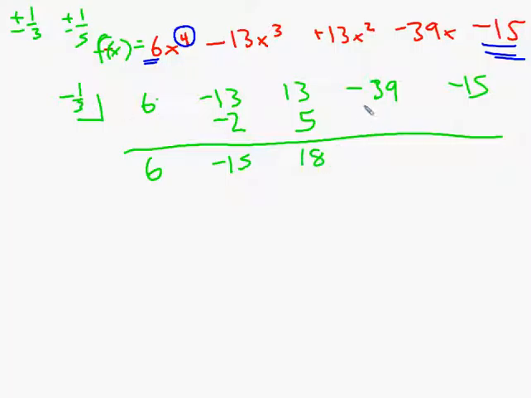Negative 1/3 times 18 is negative 6, right? Cancel. Negative 6. Add down. Negative 45. What's negative 1/3 times negative 45? Positive 15. Now when I add down here, I get a 0.